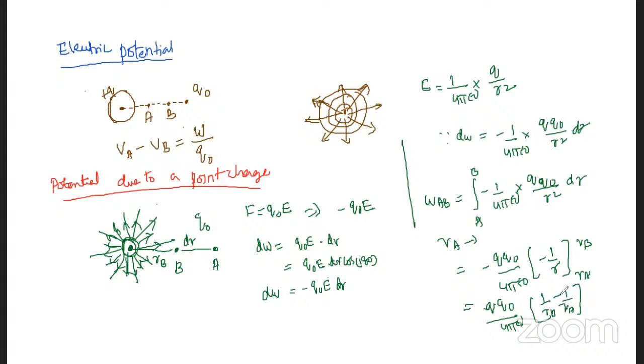So therefore, the potential difference between the 2 points is given by VB minus VA, which is equal to W_AB by Q naught. So which is equal to Q by 4 pi epsilon naught, already we have written this, 1 by RB minus 1 by RA.